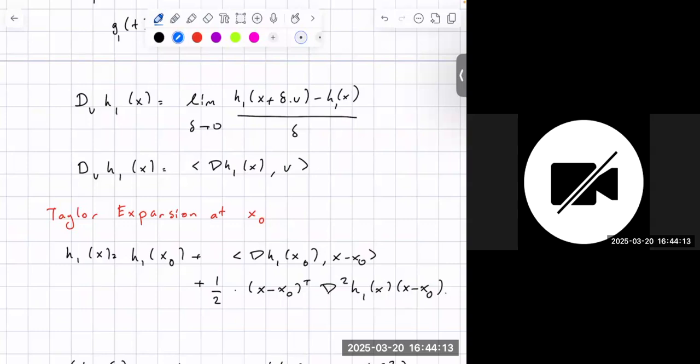Everything you're going to see in the next few lectures, almost everything, is going to be based on this idea. We are going to design optimization algorithms using this, or using them both, or trying to find something that is close to this and easier to compute. If you're only using the first term, it's called a first order algorithm because it only uses the first derivative. If you're also using the second one, it's called a second order algorithm.